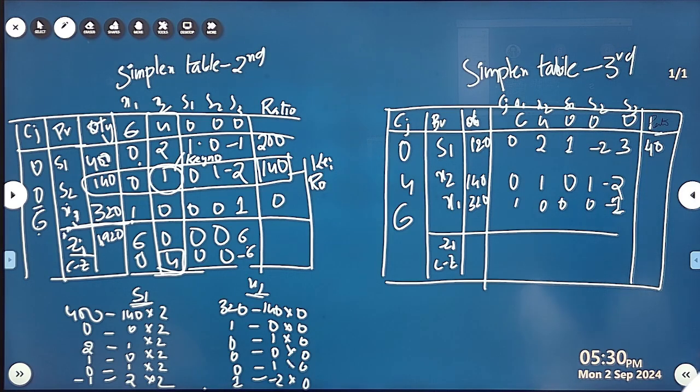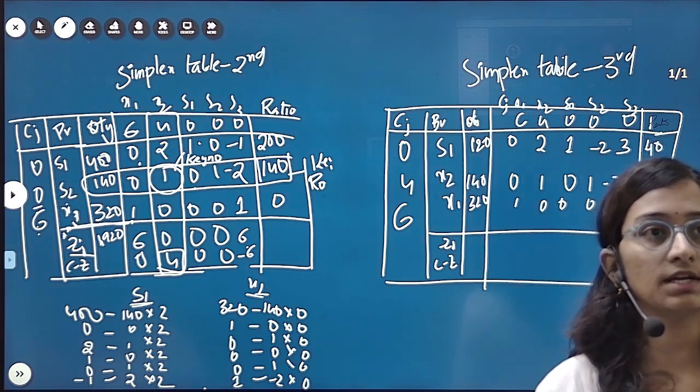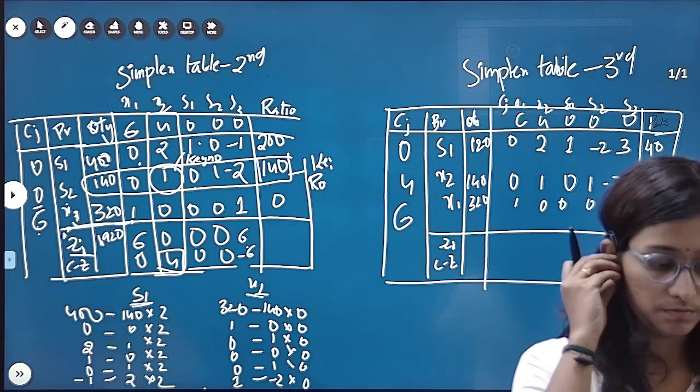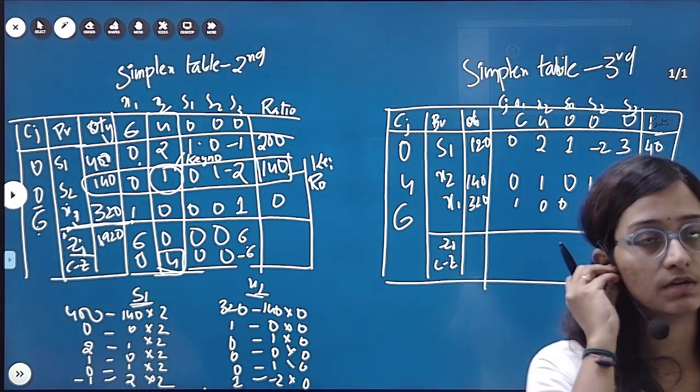Here the old entry value of x2 is 2, right? Minus the key column value, key row value is 0. 2 minus 0 into 1. It will be 2 only. Once check again, so 2 only.